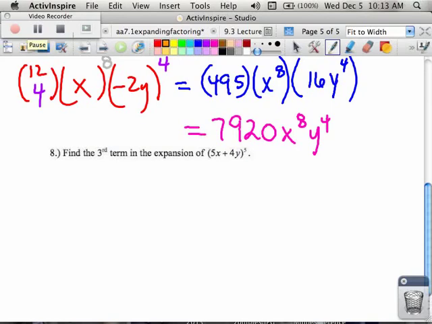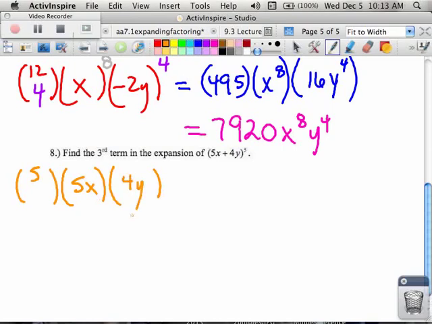In our last example, I want to find the 3rd term. And so I have 3 parentheses. Again, the top number of the first one is the exponent in our original parentheses. The middle parentheses contains a 5x. Our last parentheses contains a 4y.